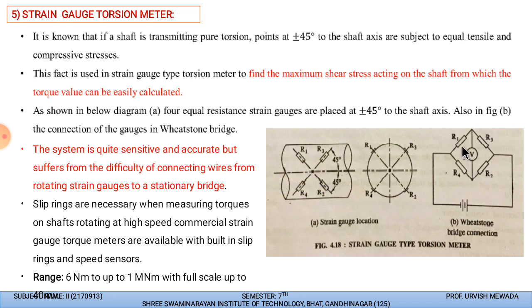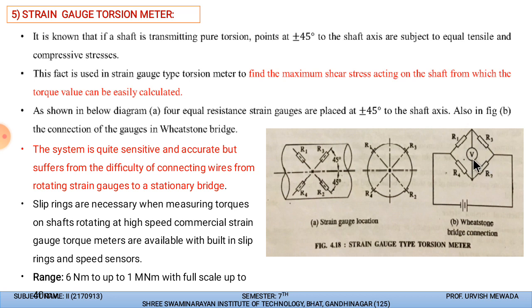The balanced bridge will get deflected, or it will become unbalanced. According to the unbalancing, the galvanometer connected across the arm shows the deflection in terms of electrical output of this rotating shaft, and this is already calibrated.